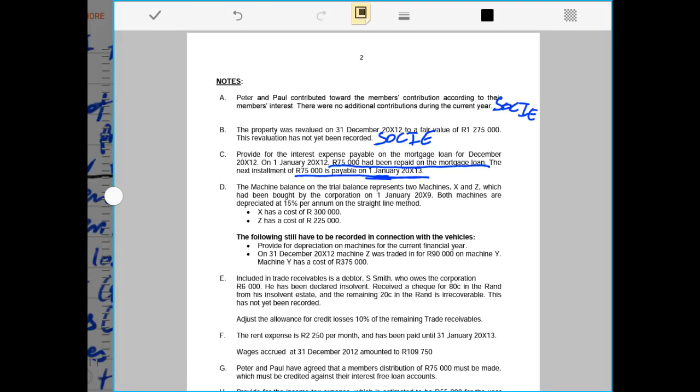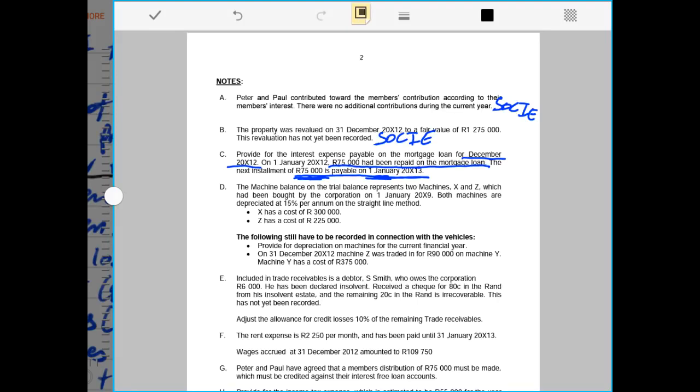So the next payment will take place one day after the end of the current year, because the current year ends in December, which is the 31st of December 2012. And the following day, a payment of 75,000 rands will take place regarding the long term or mortgage loan.